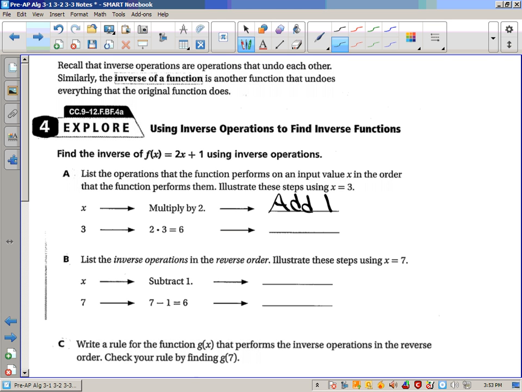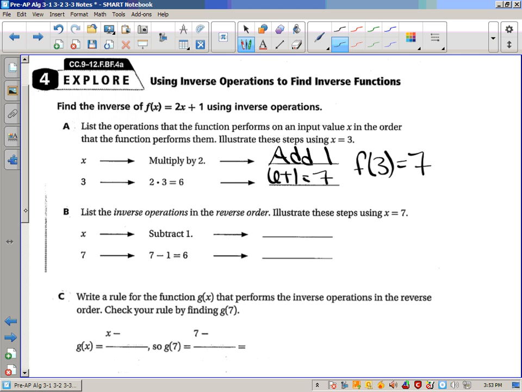So if I chose, say, an input of 3, x is 3, I would first multiply 3 by 2, get 6, and then add 1 to 6 and get 7. So if I have f of 3, my output will be 7. Well, if we do the inverse of that, basically what that means is that I should be able to take 7, the answer that I got, do the operations backwards from what we did, and get 3.